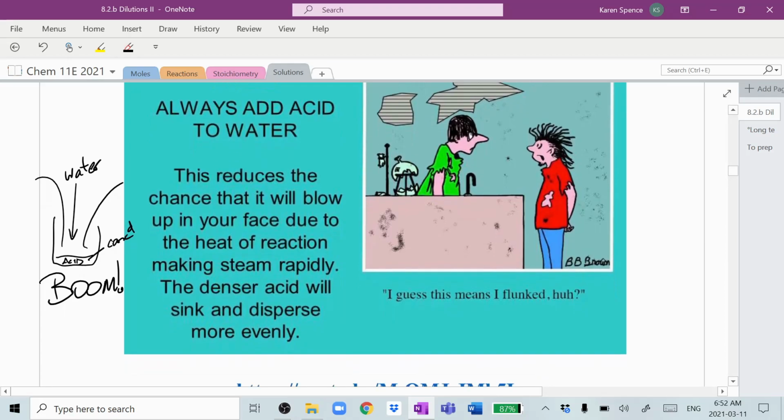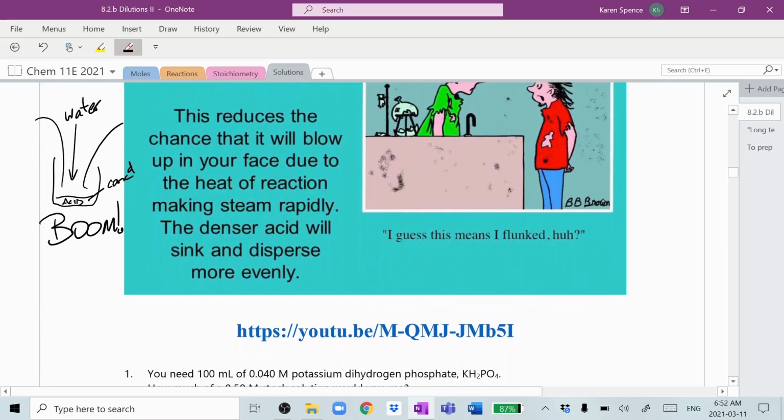So in order to make that not a problem, when you're diluting an acid, you'll put some water in first. And then you'll slowly add your concentrated acid, and you'll stir it.